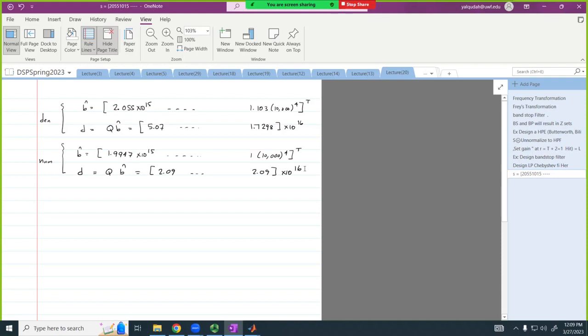And this will give me H of z, that is equal to z to the 4 minus 1.53 z cubed plus 2.58 z squared minus 1.5z plus 1, divided by z to the 4 minus 0.96 z cubed plus 0.72 z squared minus 0.45 z plus 0.34.